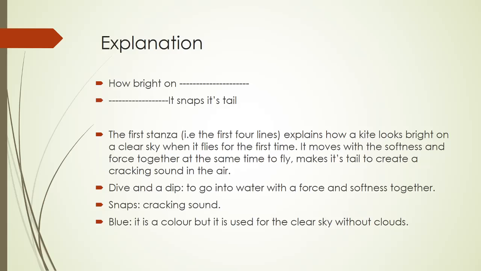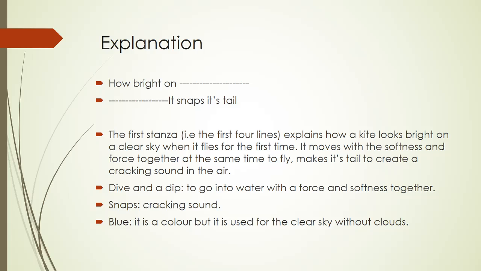In the first stanza, the poet explains how a kite looks bright on the clear sky when it flies for the first time. It moves with softness and force together at the same time to fly, and makes its tail create a cracking sound in the air. The first four lines explain how a kite, when it starts flying in the sky, looks very beautiful, but it is also important to know that the sky is quite clear.